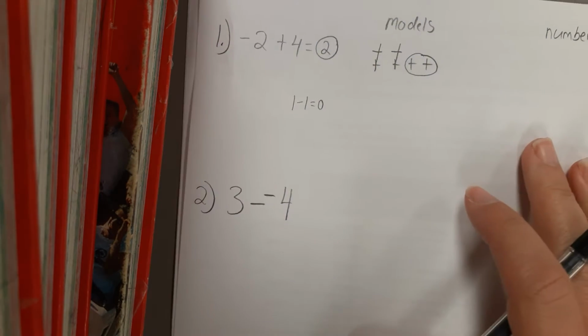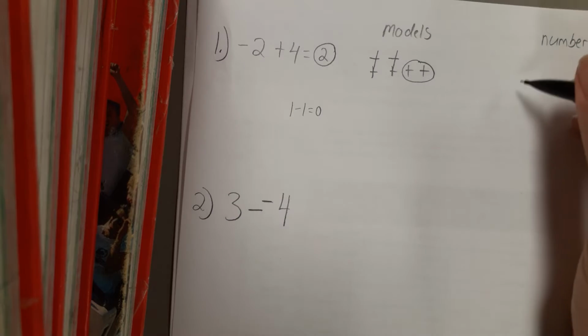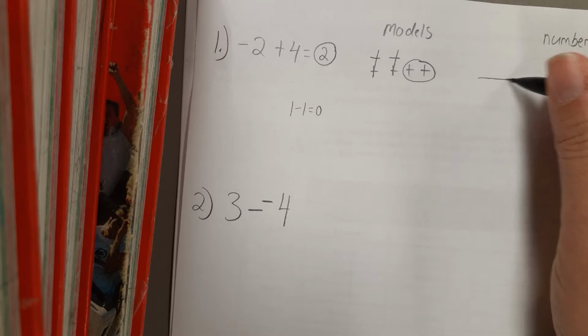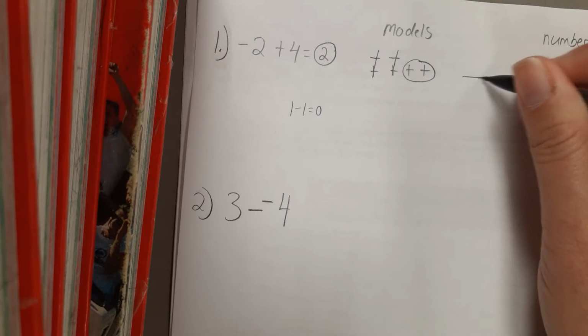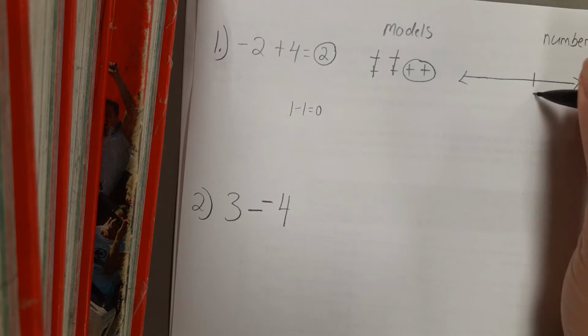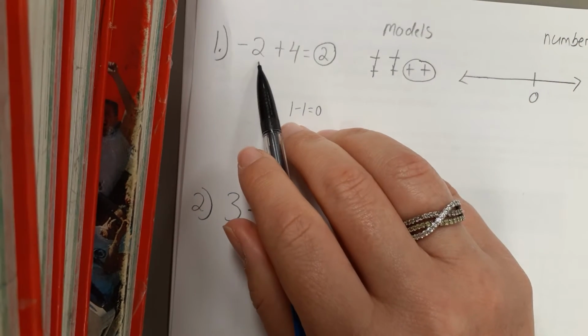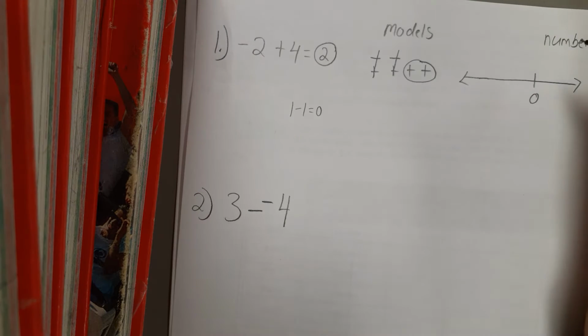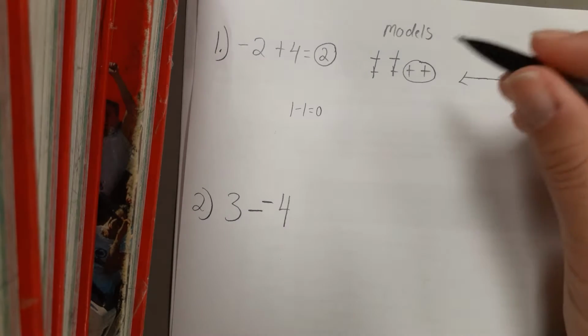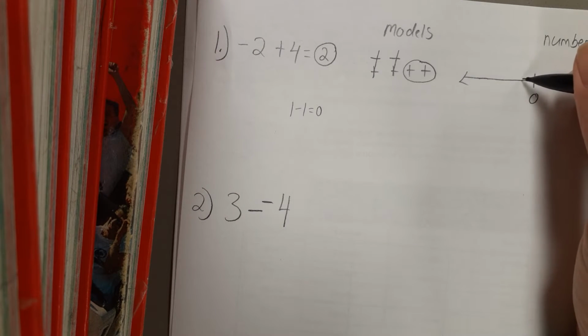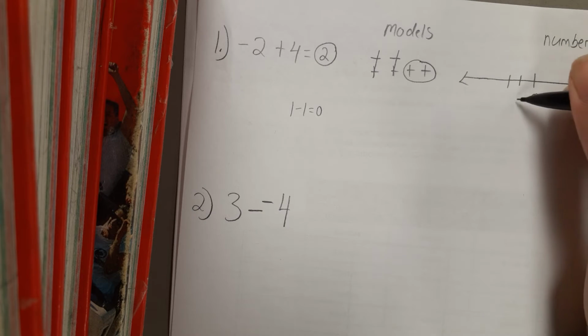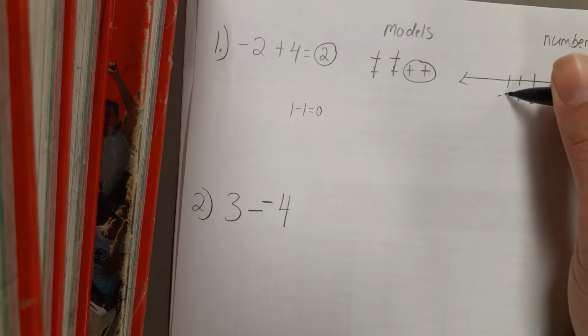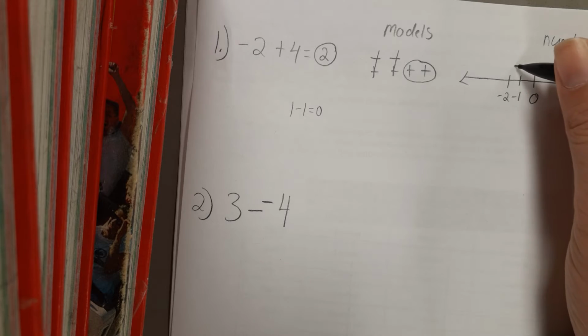Another way to show it is on a number line. You draw a number line, always start at 0, and look at your first number first, which is -2. We know that negative is to the left, so you go backwards 1, 2. That's -1, -2, and you draw an arrow showing that you went backwards 2.